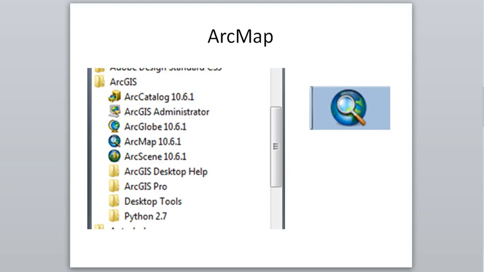There is an ArcCatalog that's a standalone program that we won't use this term. ArcGlobe and ArcScene give you three-dimensional views. We're not going to work with that this term either, but we're going to work with ArcMap. And the icon for ArcMap is kind of the globe with the magnifying glass on it. So that's what you're going to look at.